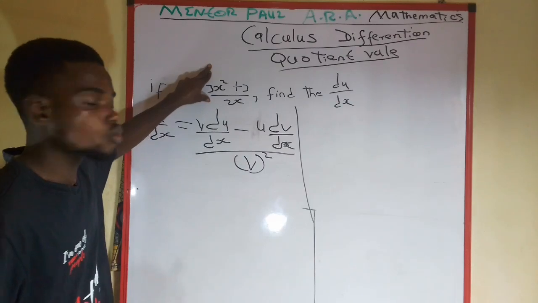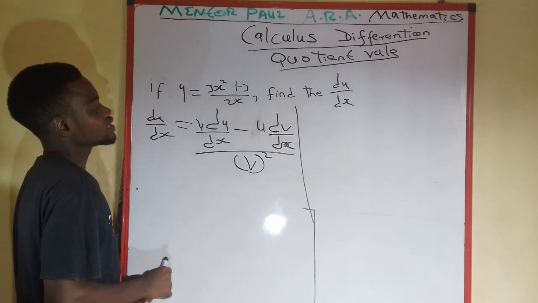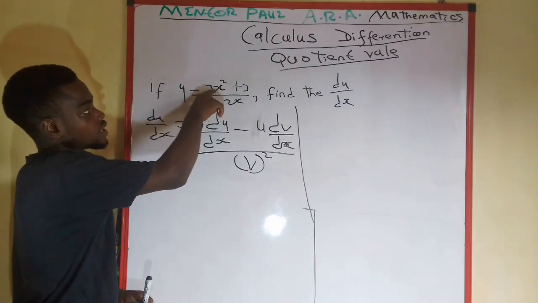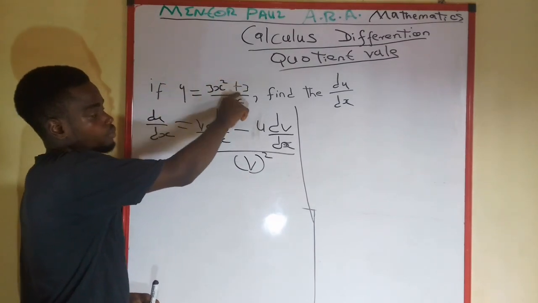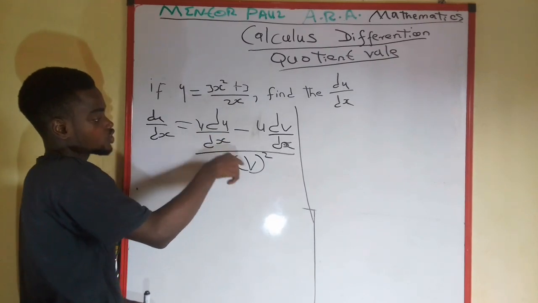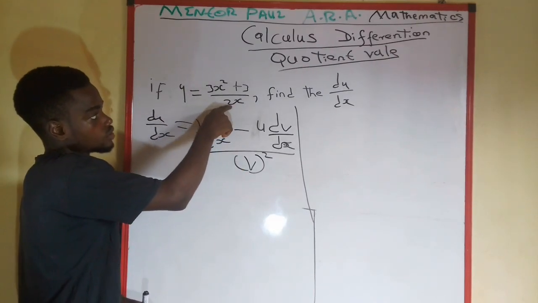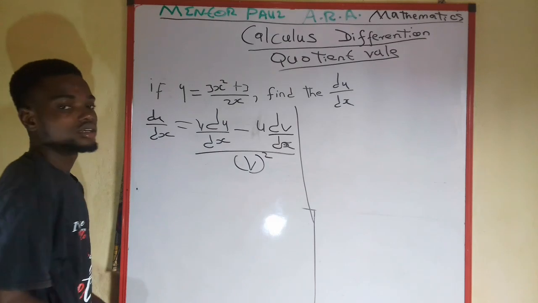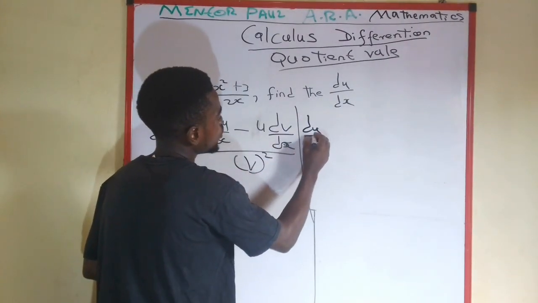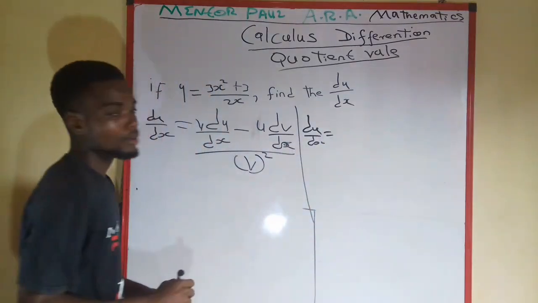So to solve this using the quotient rule, where is my u? That is this numerator above, which is 3x squared plus 3. Now, the v, which is this one, is equal to 2x. To find dy over dx, what am I going to do?